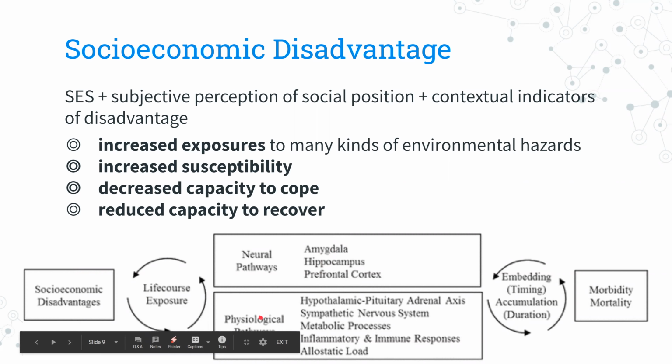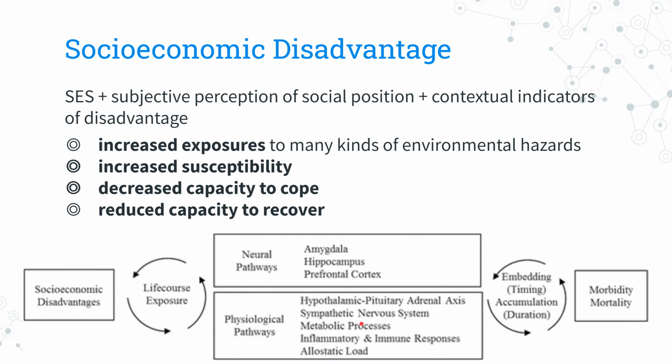And then the physiologic pathways involving your sympathetic nervous system and your HPA axis, making sure that these two are triggered very quickly and stay on for a long time. That has real effects on your metabolic processes and your metabolism, your hunger, right? Or what you eat, because when you're stressed, remember, you are usually craving a certain type of food and it's not vegetables.